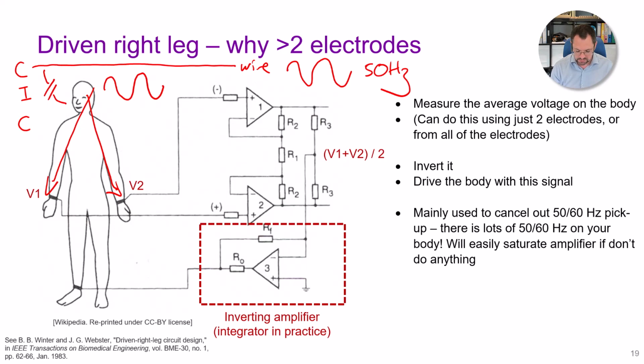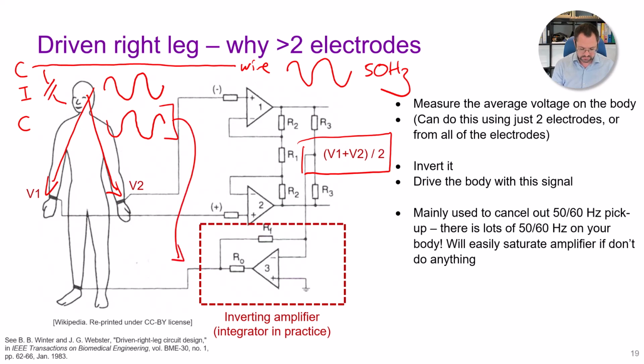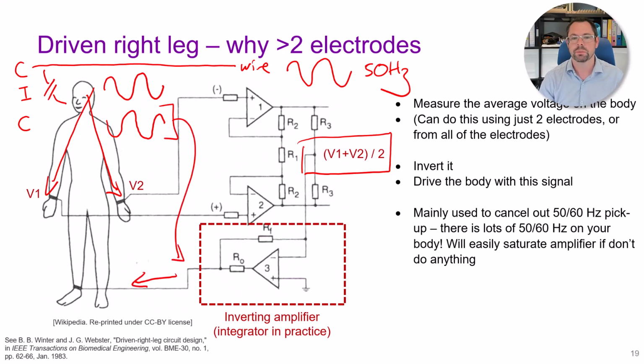We measure what the interference is. And it's not too difficult to do that. We can get that from the internals of our amplifier. And then we invert it, so we kind of times it by -1. And then we take that inverted signal and we drive the person with the opposite of what the interference is.